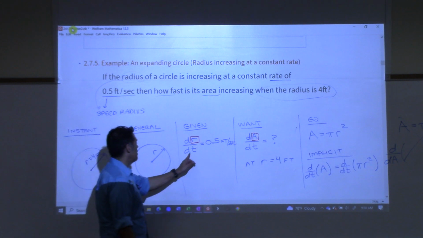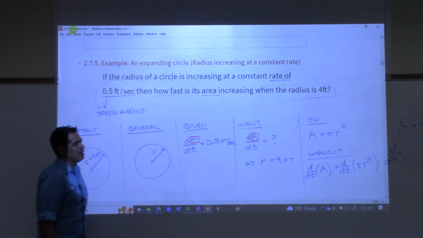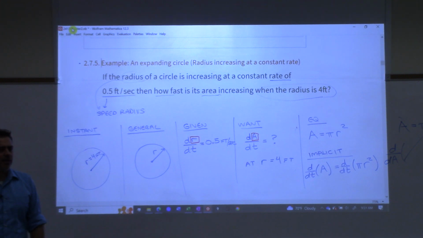You're asking, will we ever have a different variable down here on the bottom? In this class, no. Not that I can think of. I don't believe we run into one where we differentiate with respect to something different for each one. It should be with respect to the same variable.